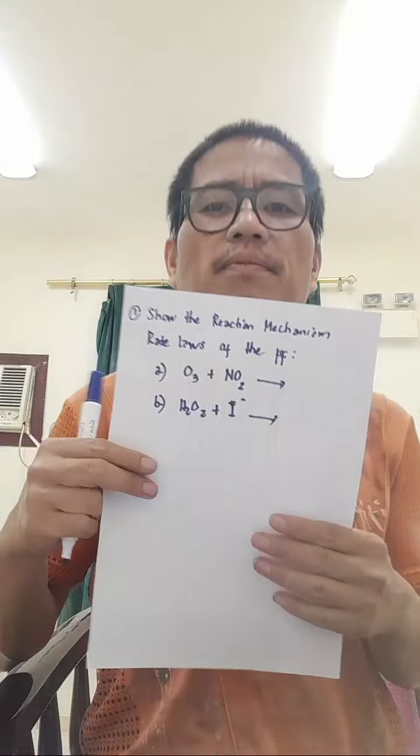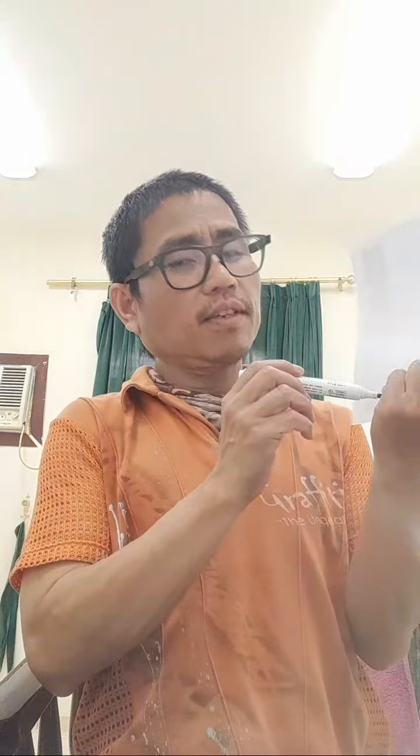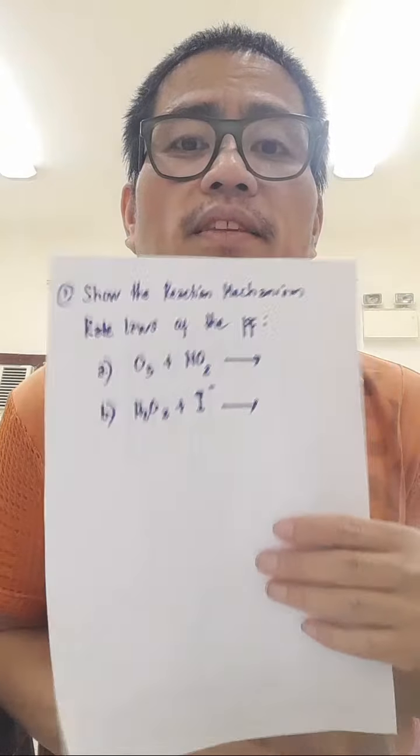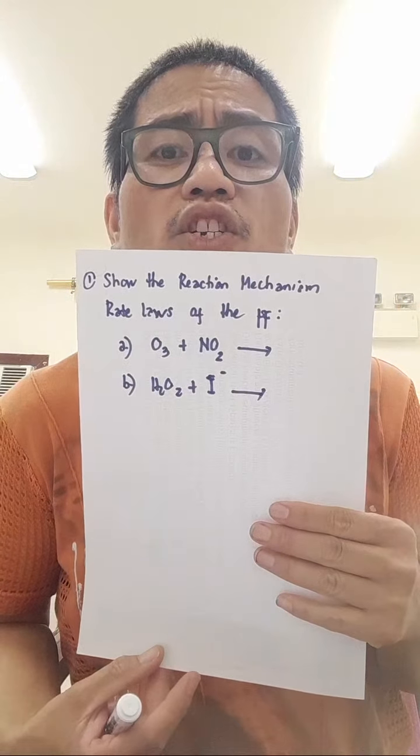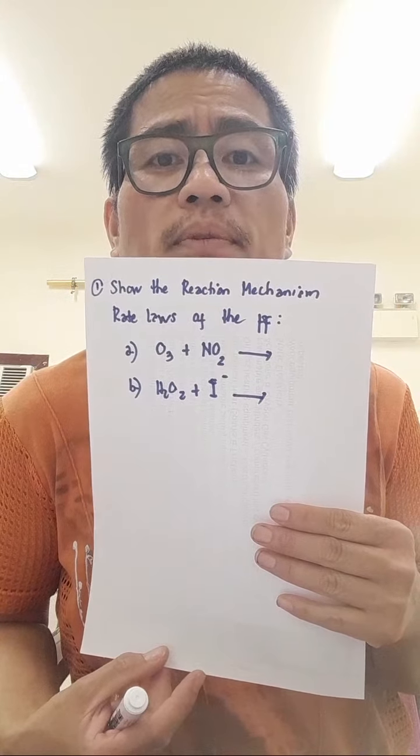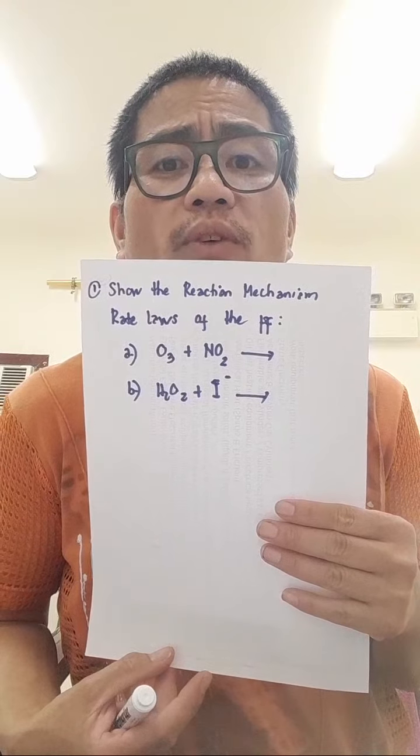Letter A, we have O3 plus NO2 equals, and then letter B, H2O2 plus iodine, like this. This is now our practice problem. Show the reaction mechanism and the rate laws of the following reactions.